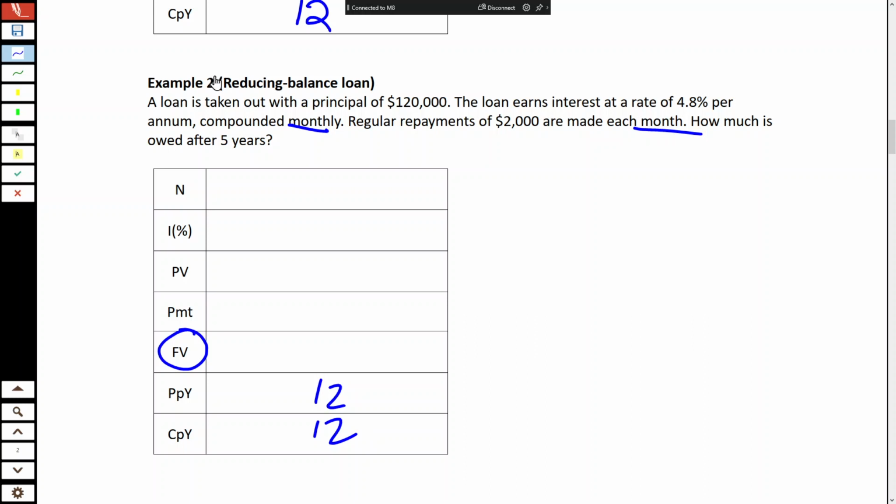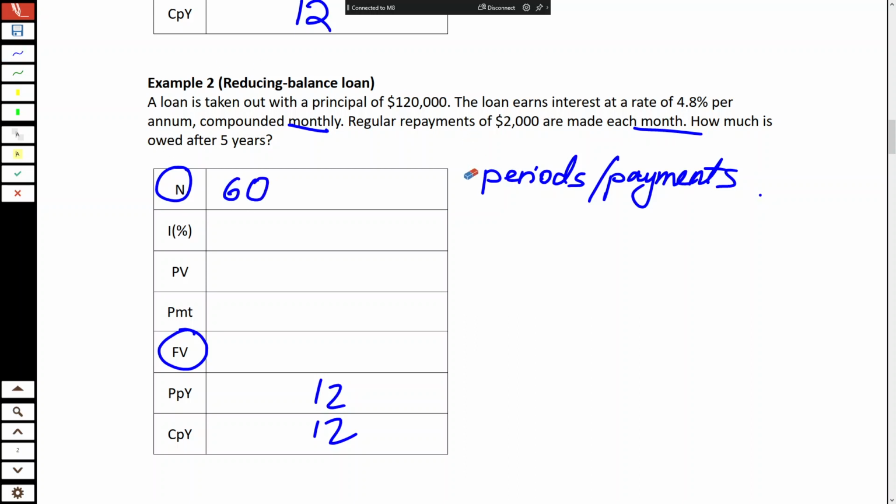N is the number of periods, payments. How many years is this going for, Claire? 5 years. Yep. 5 years, 12 months per year. So in total, there's going to be 60.